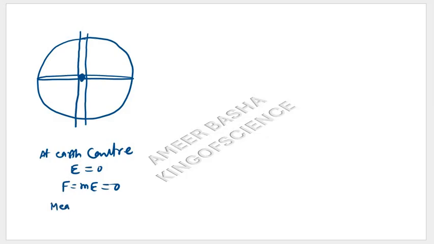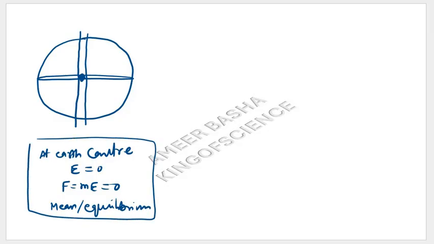Obviously, when I am at the Earth's center, the field is 0. Once the field is 0, the force, which is mass multiplied by the field, is also 0. That means the Earth's center will be the mean or stable equilibrium position. So at the Earth's center, net force will be 0, acceleration will be 0, it will be the mean position.